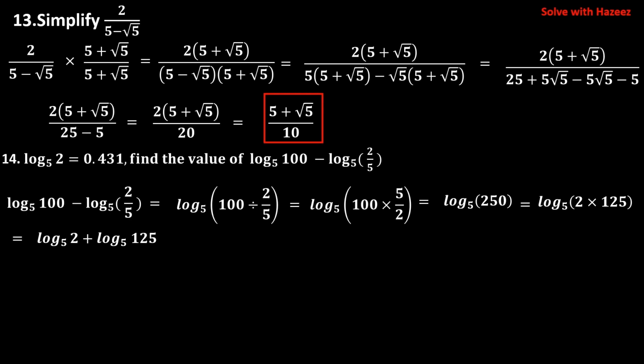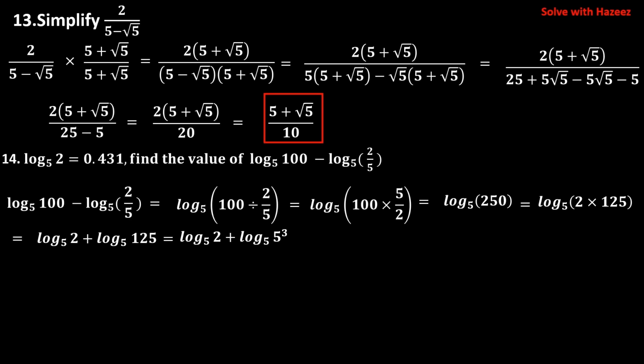So at this, we'll be having log 2 base 5 plus log 5 raised to power 3 base 5. And why is that? 5 raised to power 3 is the same thing as 5 times 5 times 5, that is, we'll be multiplying 5 three times. 5 times 5 is 25, and 25 times 5, that's 125.